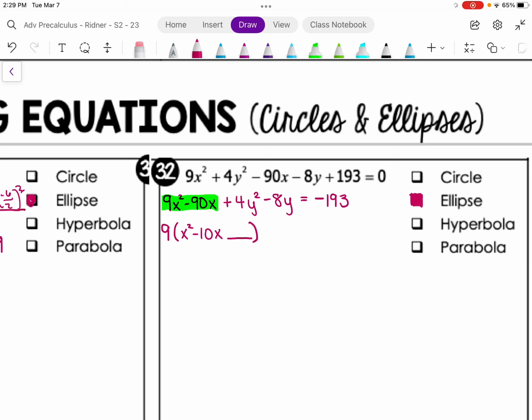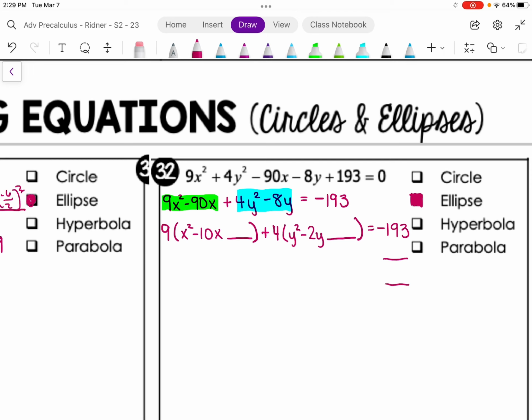I'm going to do the same thing here for the y's. So there, I'm going to factor out 4. And then I'll have my something to add. Equals -193. And I'm going to have 2 lines.